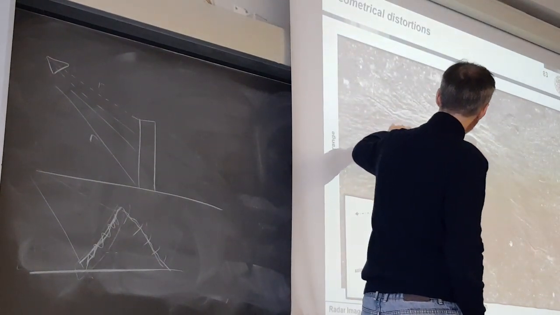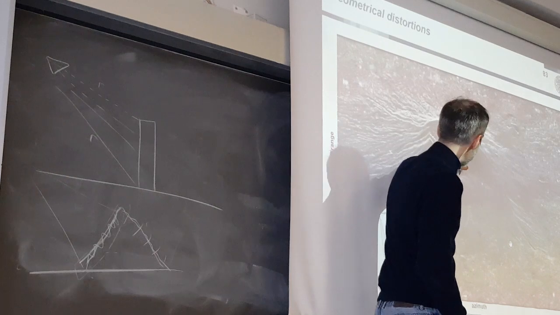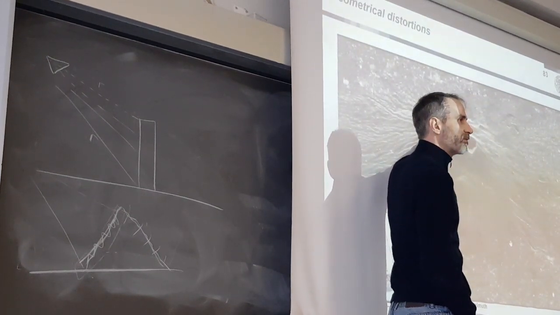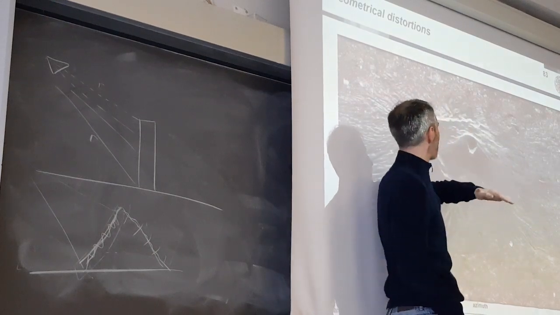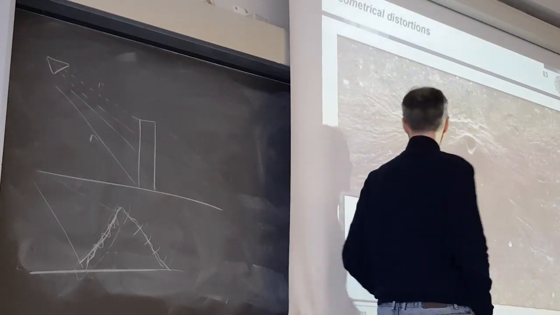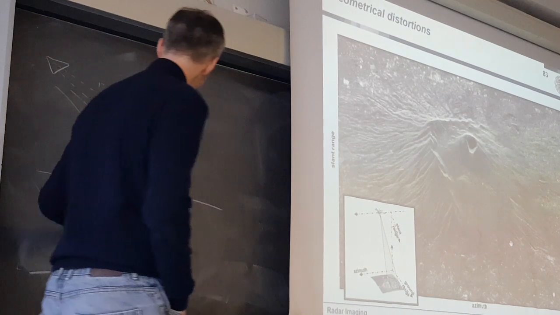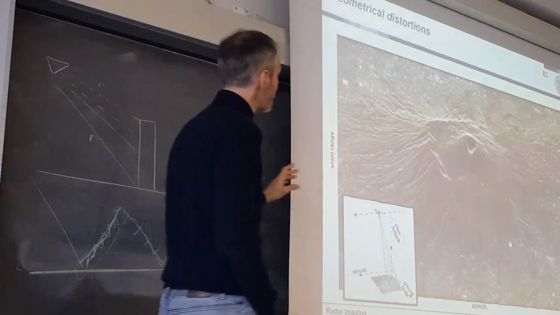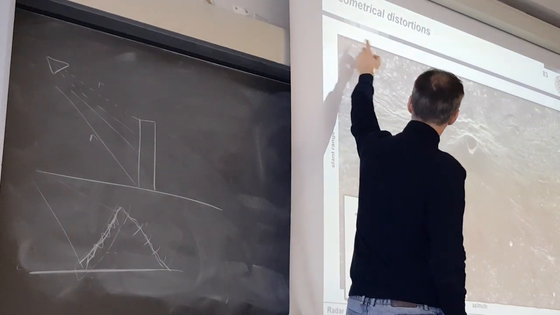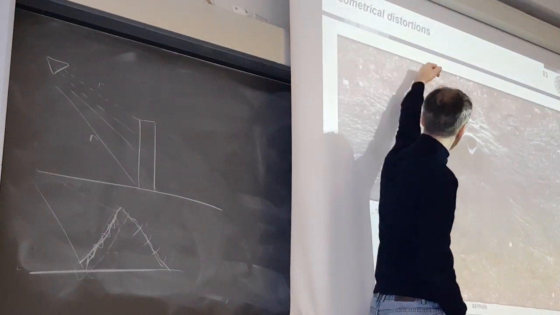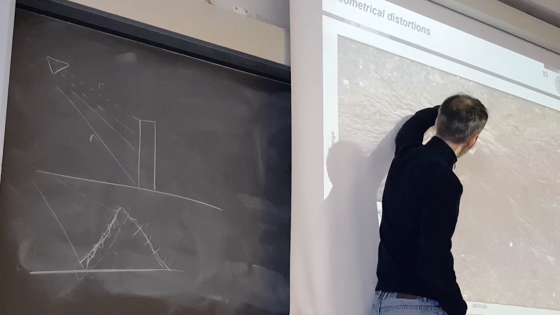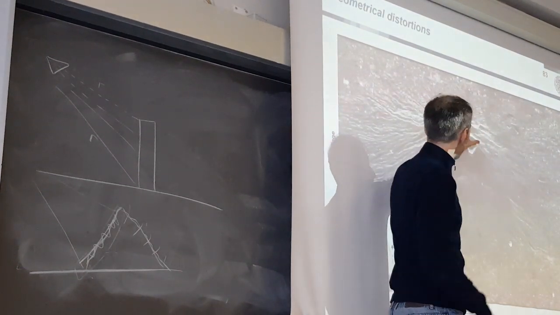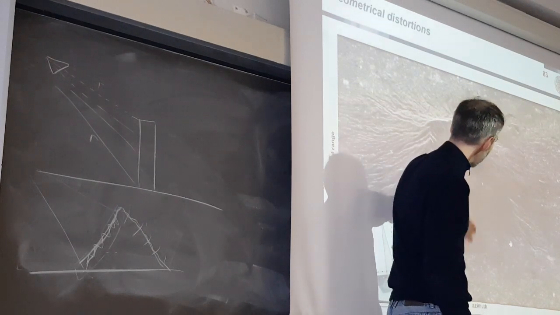You can see, for example, that this side is much longer than this other side. It appears to be tilted this way, and this is exactly this phenomenon. So you can say for sure that the radar was flying here and imaging the mountain from this direction, because this side is much shorter than this other side.